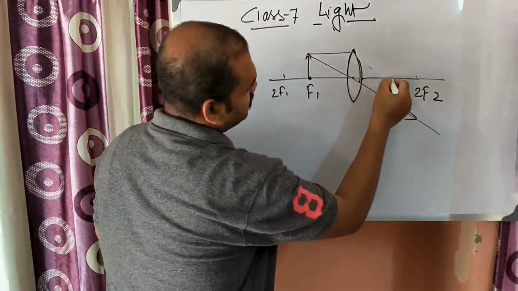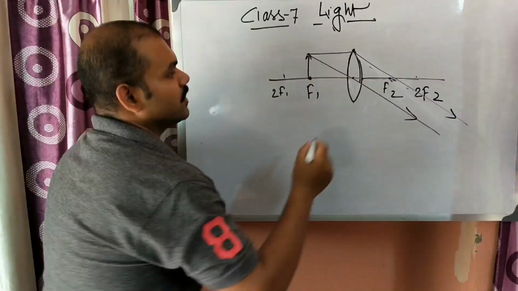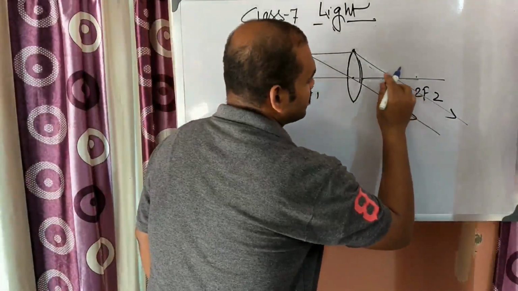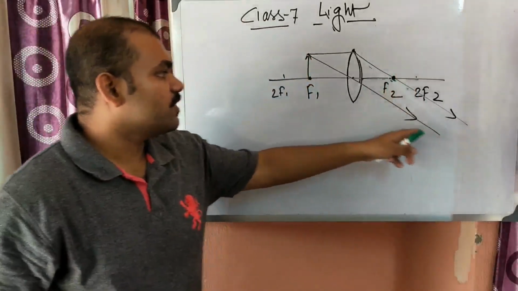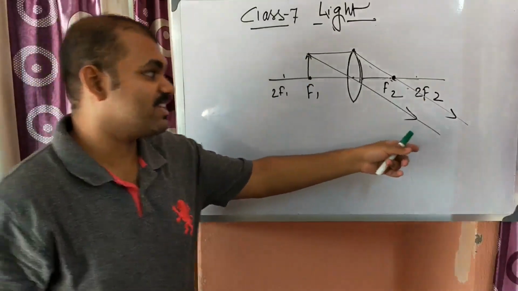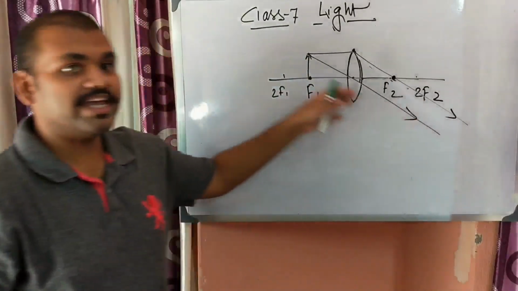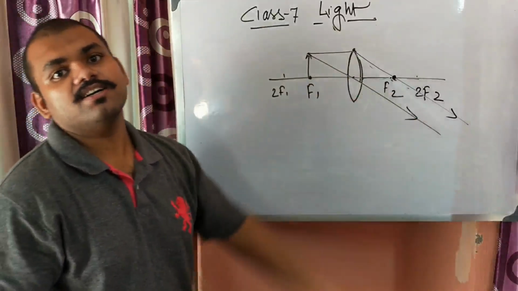If it is going through the focus, these two lines are parallel, so they will not meet, or you can say they will meet at infinity. So we will get a very large image, an inverted image, and a real image.